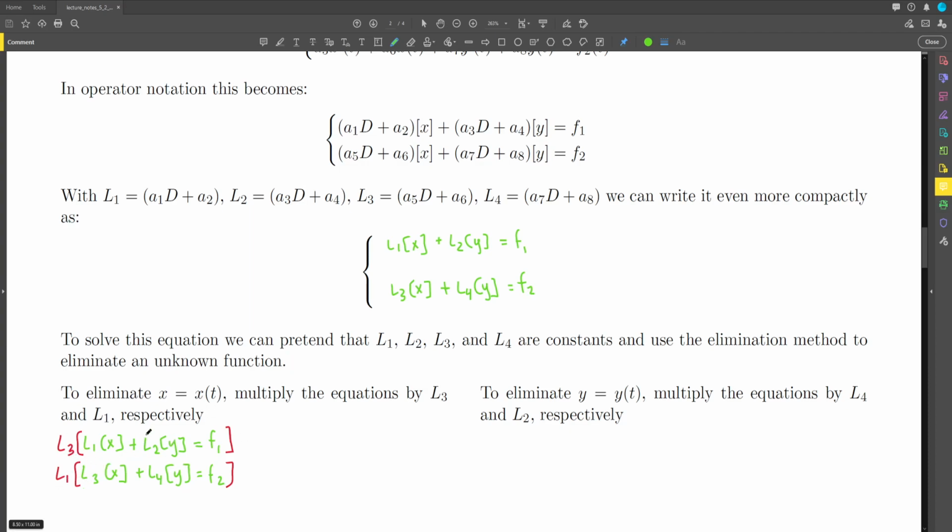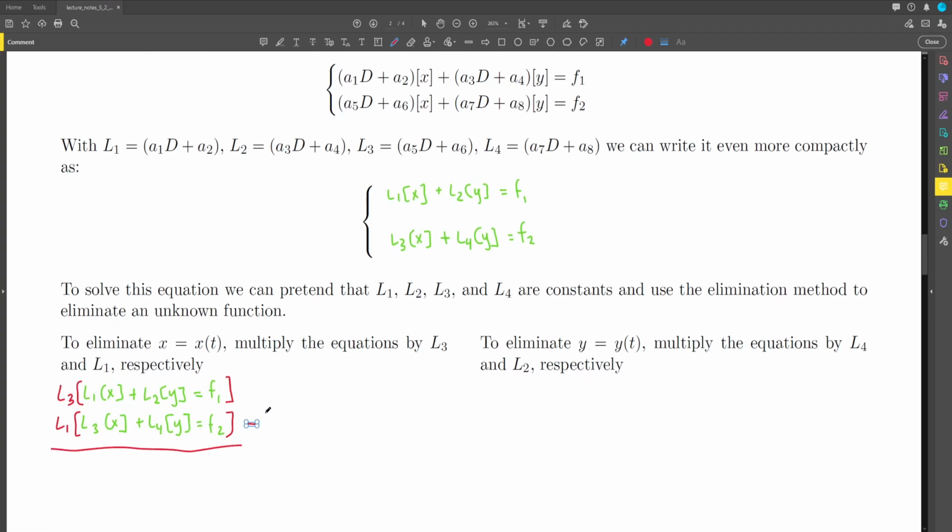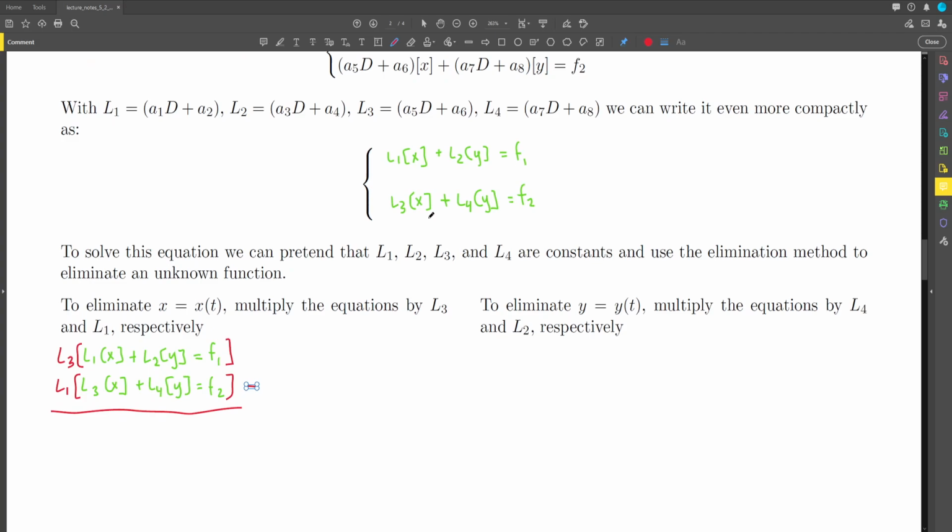we can then subtract these two, and L3 times L1 minus L1 times L3, we can just switch the order there and they will cancel each other out. And so what we're left with is the following.